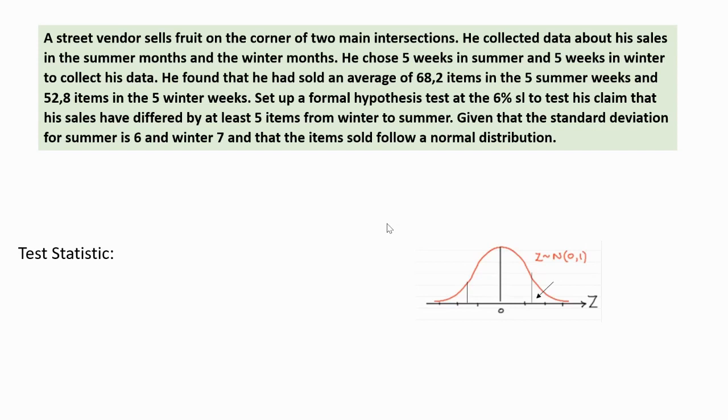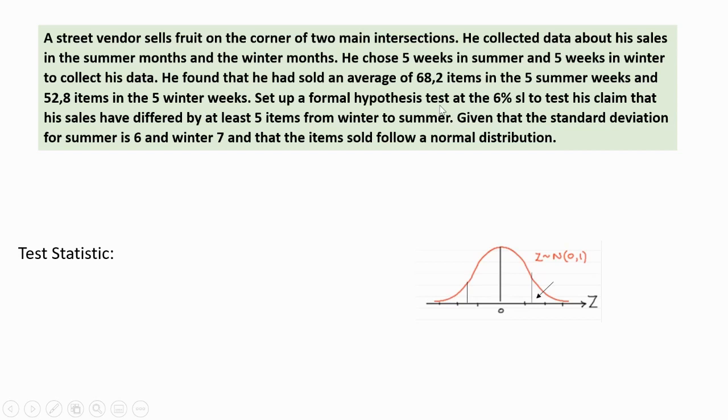A street vendor sells fruit on the corner of two main intersections. He collected data about his sales in the summer months and the winter months. He chose 5 weeks in summer and 5 weeks in winter, so this is looking like comparing two different sets of data. He found that he sold an average of 68.2 items in the 5 summer weeks and 52.8 in winter. Definitely two sets of data.